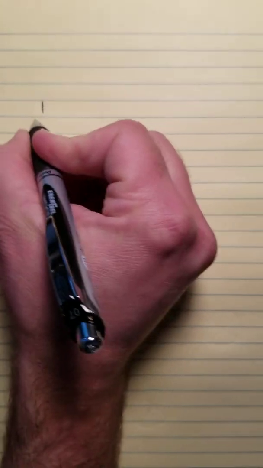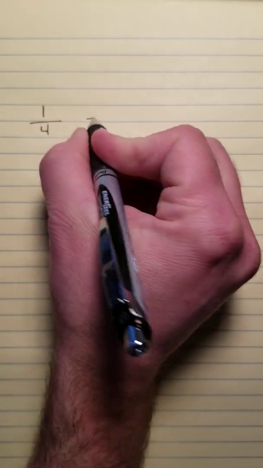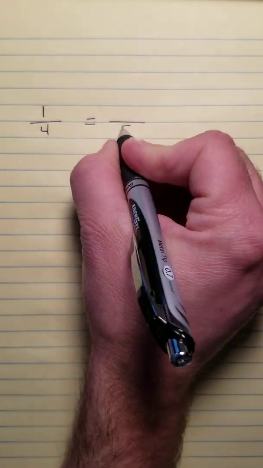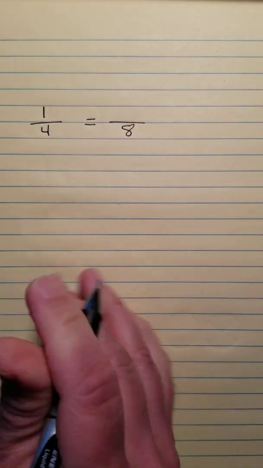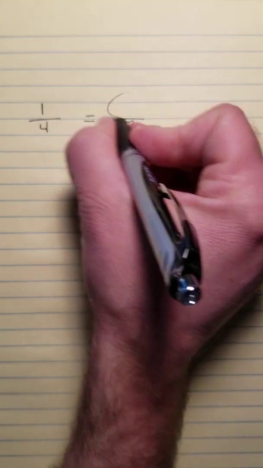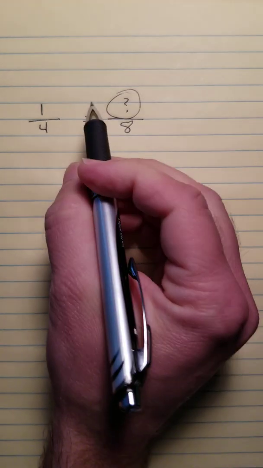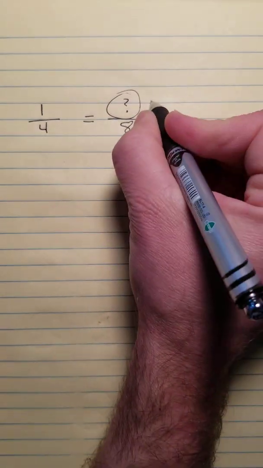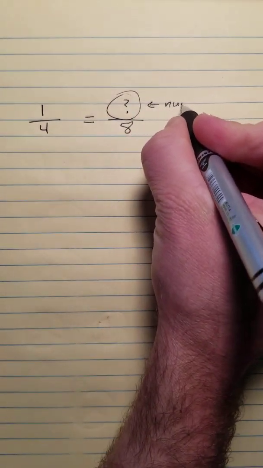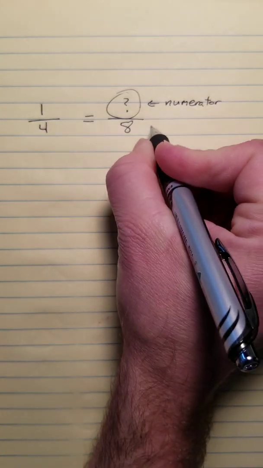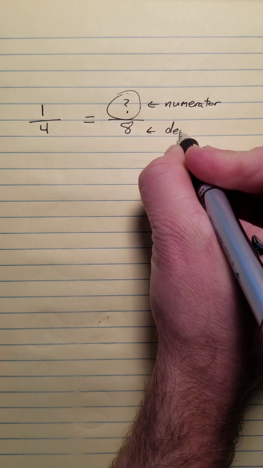So to do this, you're going to say like 1/4 equals how many eighths? And so up here you've got a missing number. That is a missing numerator. And one of them has a missing denominator.